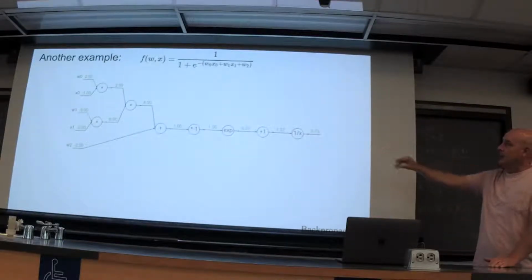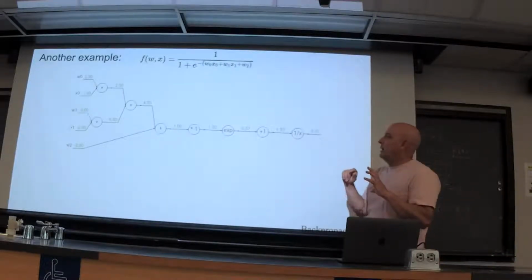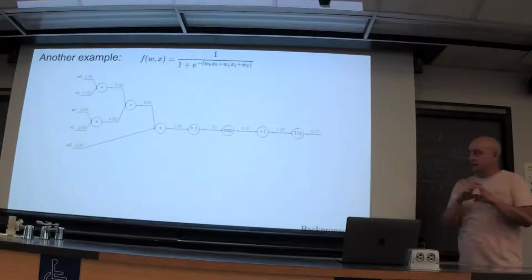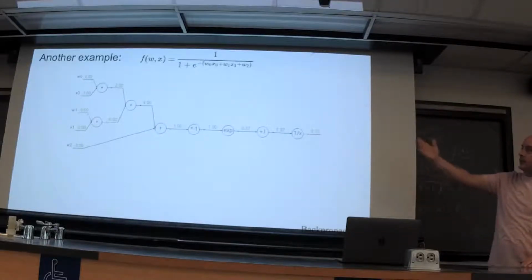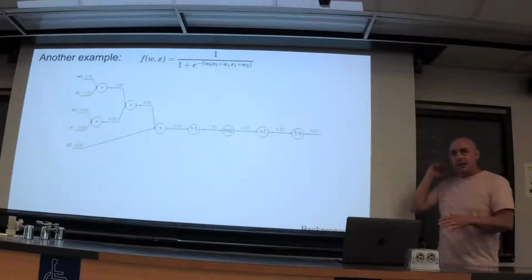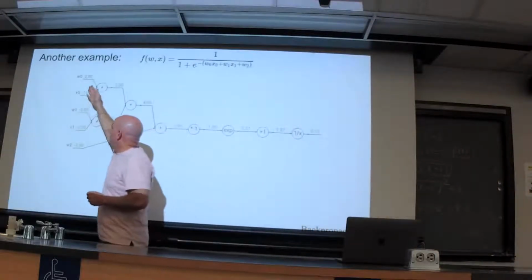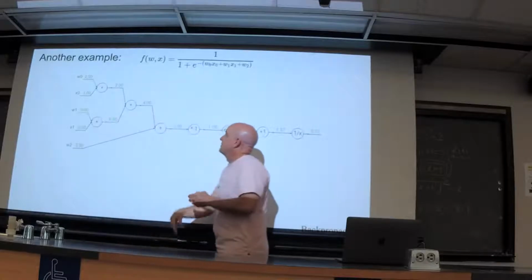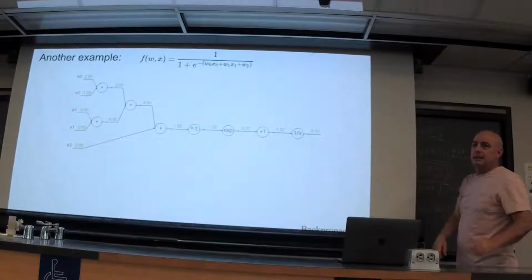But importantly, one thing to understand about this algorithm is that we're not necessarily computing the full gradient for any values of w and x. This algorithm is for a fixed choice of the inputs to f, so our parameters w and our data input x.